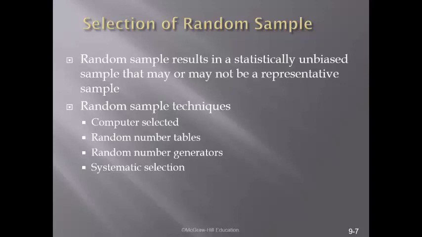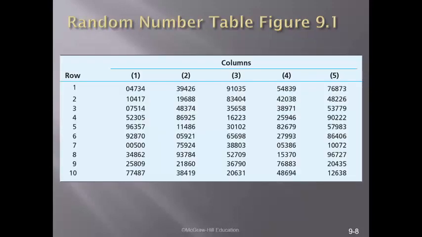A risk still exists that a sample will be selected that does not possess essentially the same characteristics as the population. However, this risk can be measured by statistical formulas. Random sampling techniques include random number tables, random number generators, and systematic selection.